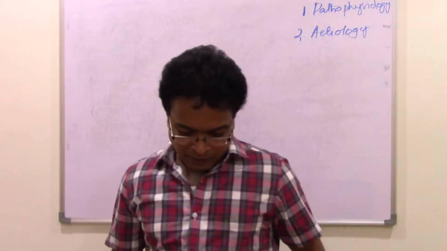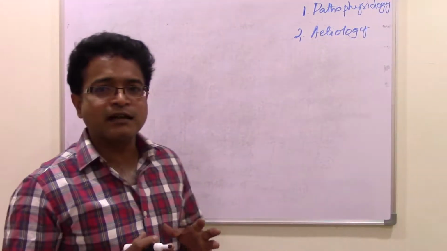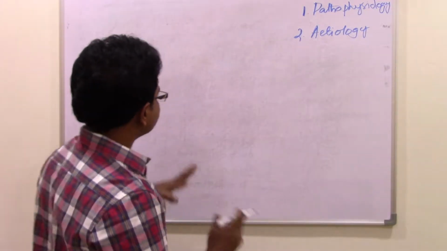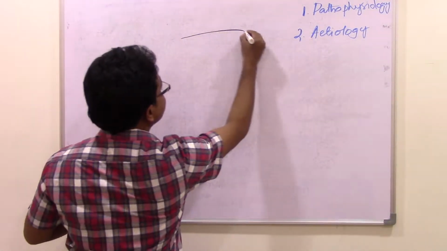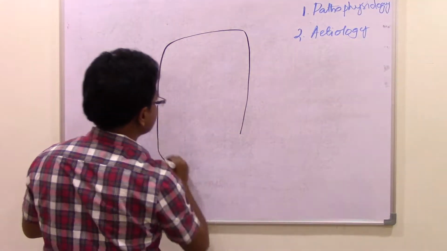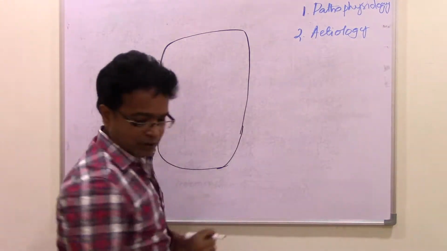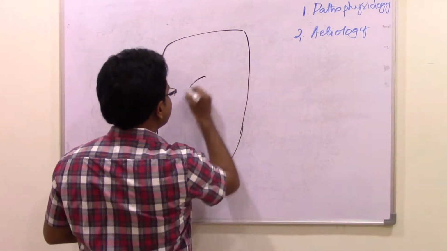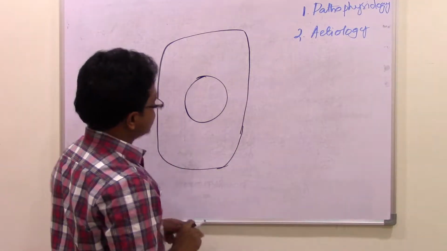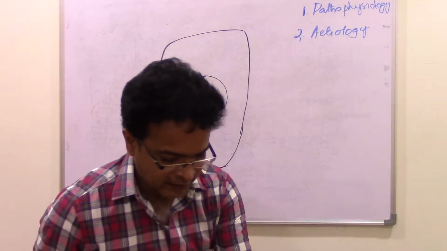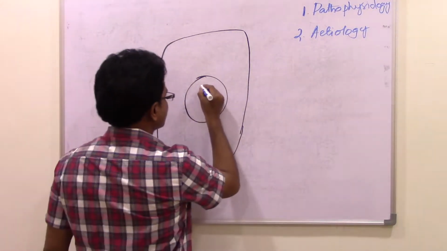Okay, so when we say that, we need to understand the function of a gene, right? If we look at a cell, there is a cell membrane, we have cytoplasm, and this is the nucleus. In the nucleus, we have what is known as chromosomes.